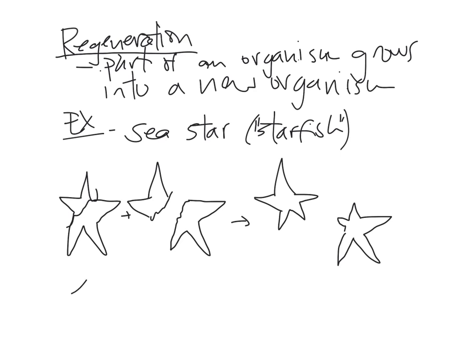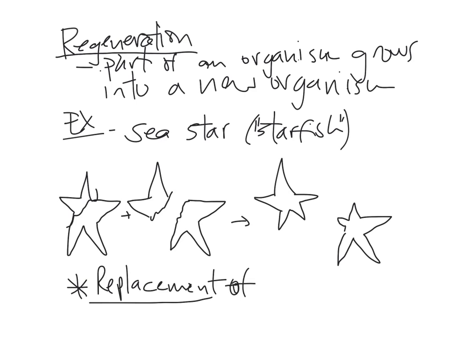Oh, by the way, yes, one other thing, that regeneration can also be the replacement of lost parts. This is not a method of asexual reproduction, but it is still part of regeneration. Replacement of lost parts. So sometimes, like, for example, a lobster, they can lose a claw, and that claw can be replaced over time. You and I don't have this ability.